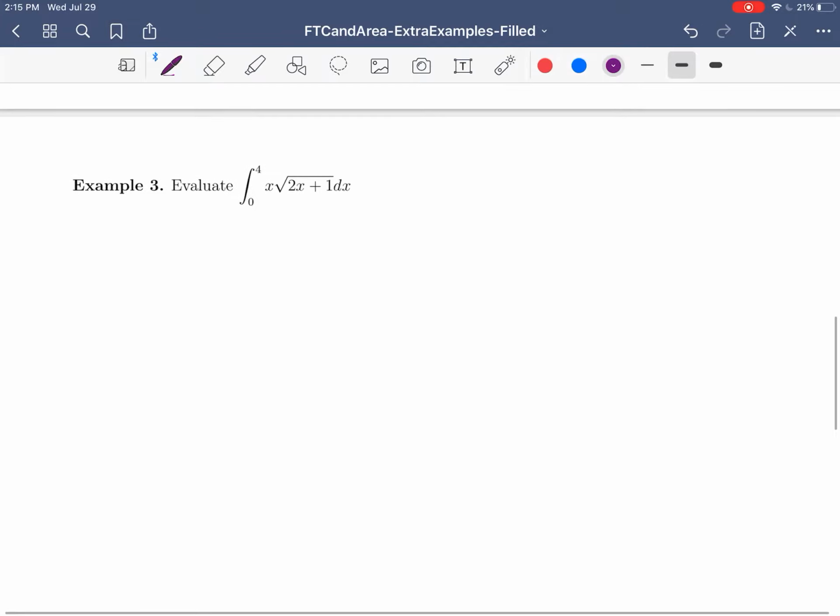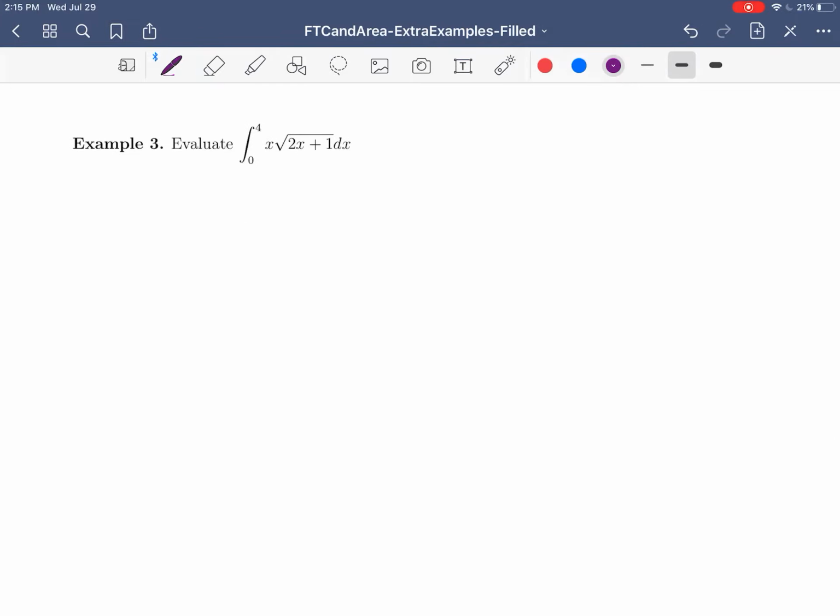Okay, another one. This one is a little bit harder, it turns out. So let's let my u be the inside of the square root, so 2x plus 1. That means that du is 2 times dx, the derivative of 2x plus 1. And I only have dx there, so that means that 1/2 du is going to be equal to dx.